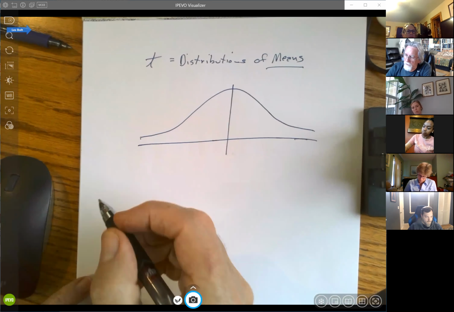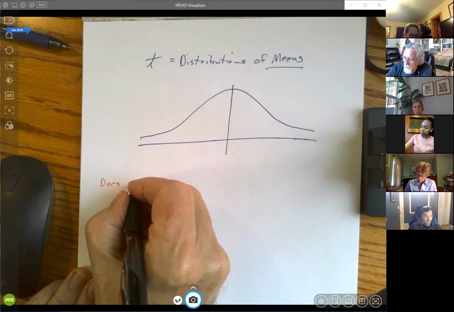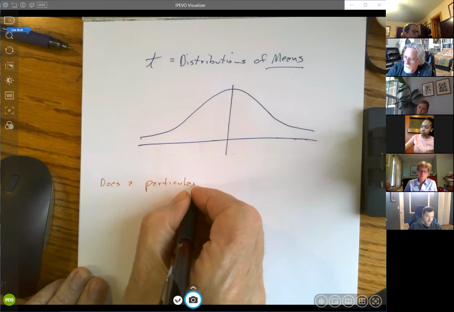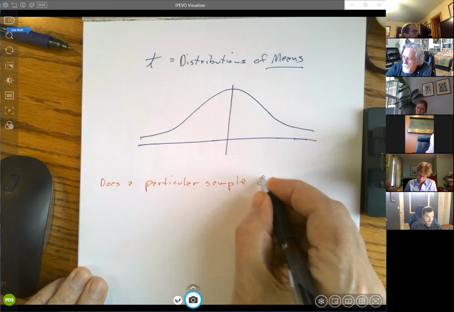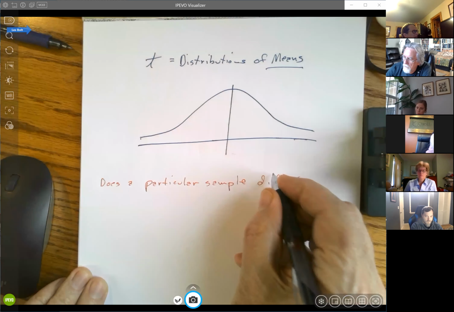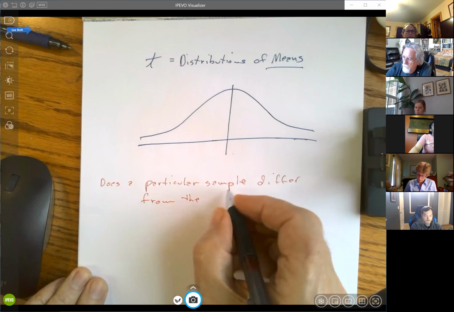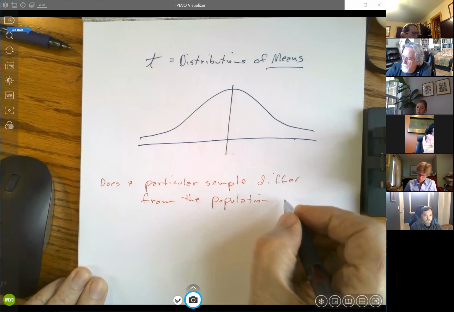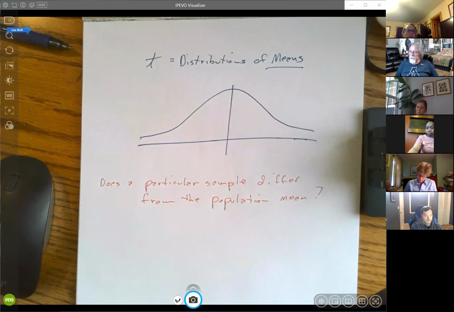And the first question is, does a particular sample differ from the population mean?